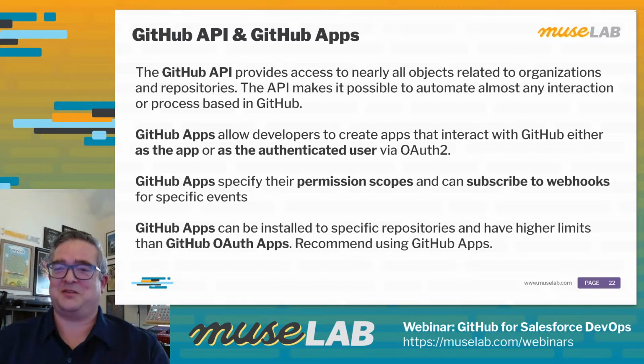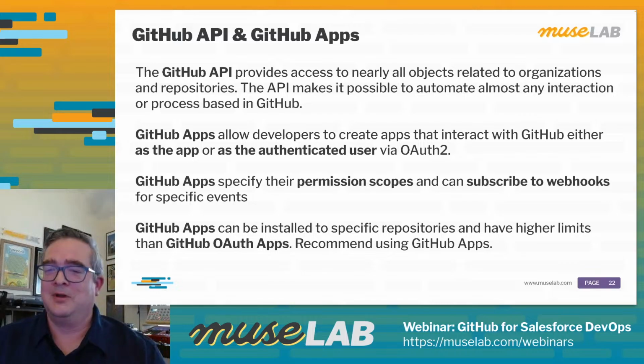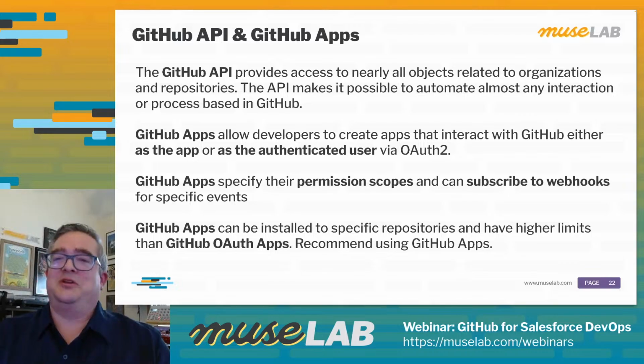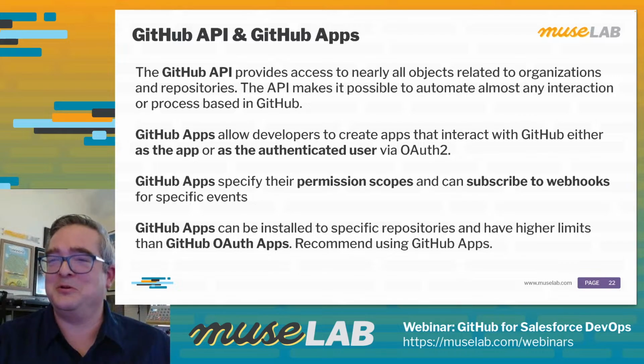GitHub apps are installed into an organization and can either be installed to all repositories or just to a specific set of repositories that are selected by the person installing, and then you can add new repositories in the future. GitHub apps are definitely the right way to go. They have higher limits, all sorts of reasons why. I think there's a handful of instances where an OAuth app might make more sense, but generally I'd steer you towards GitHub apps.